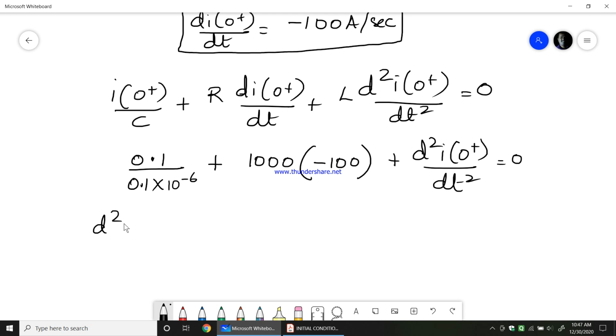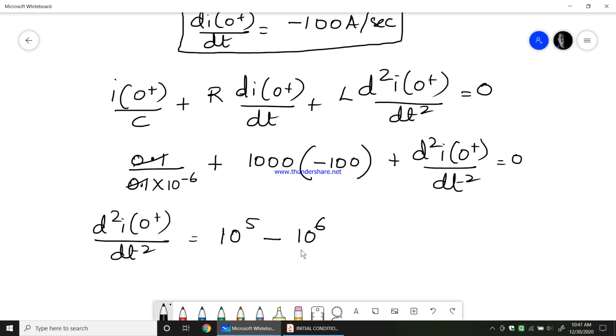Therefore d square i(0+) by dt square equals, and 1000 which is minus, if it comes to the left hand side it becomes plus 10 power 5, minus this 0.1, this 0.1 gets cancelled, and 10 power minus 6 if it goes to the numerator becomes 10 power plus 6.